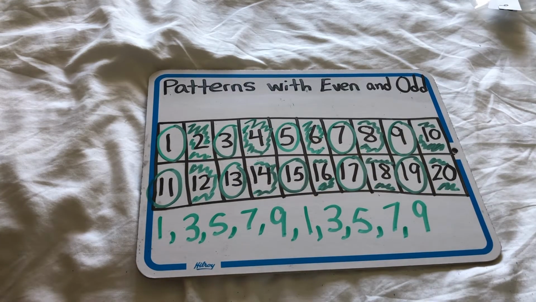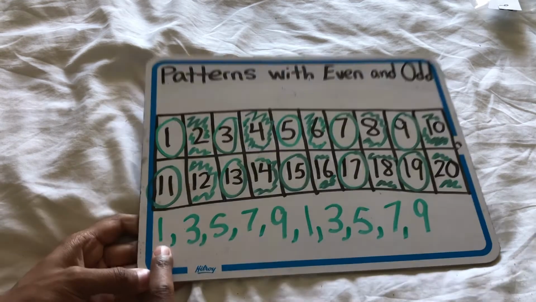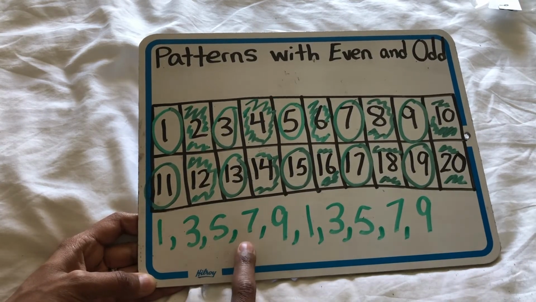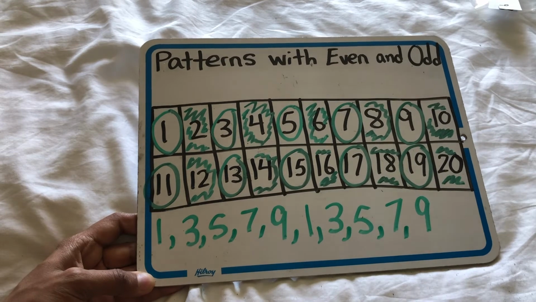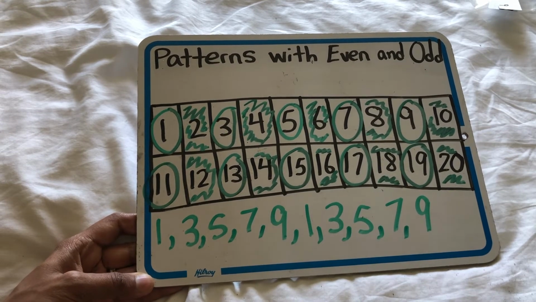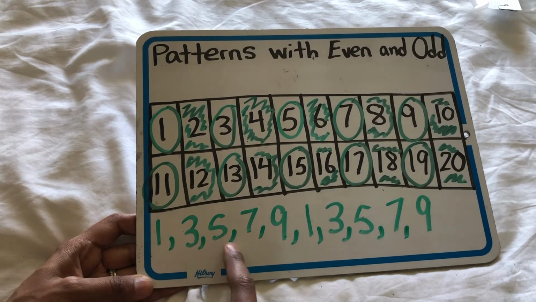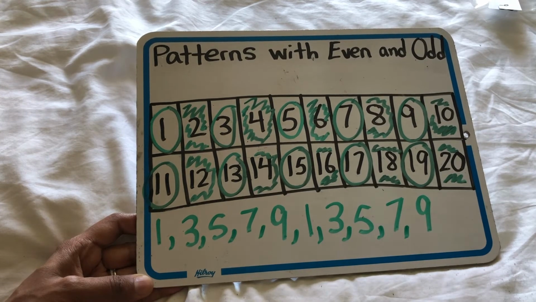All of my odd numbers have a 1, a 3, a 5, a 7, or a 9 in the ones place. You will know a number is odd if it has one of these numbers in the ones place.